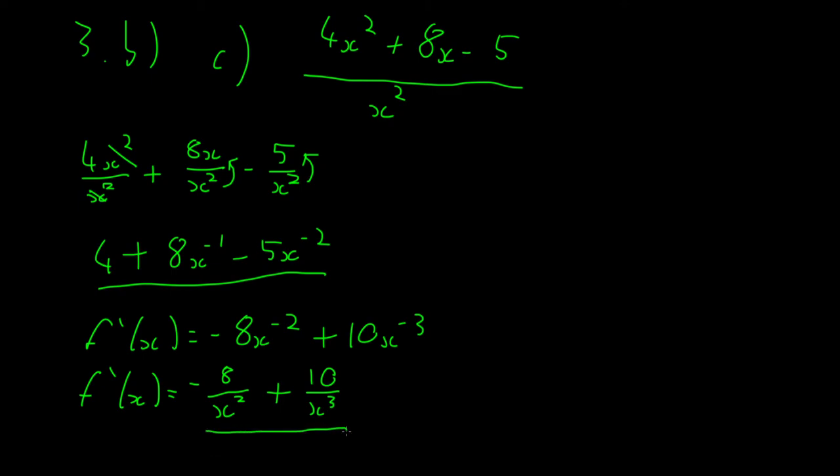Alright, so now we've got this, but we can clean it up a little bit more. So to make these denominators the same, we're going to make them both x cubed. And we're going to make it 8x on x cubed plus 10 on x cubed. From there we can combine it into one thing.